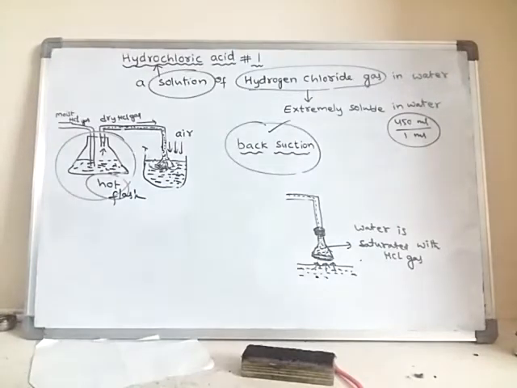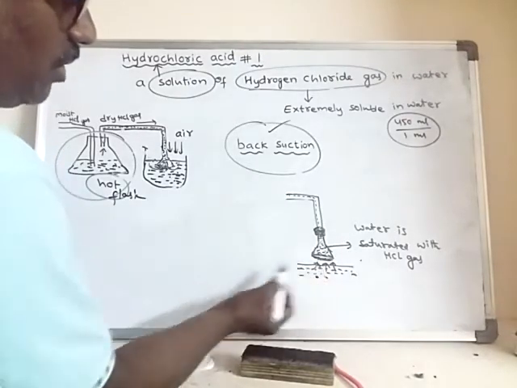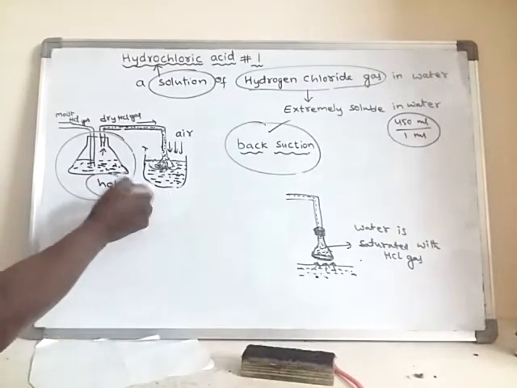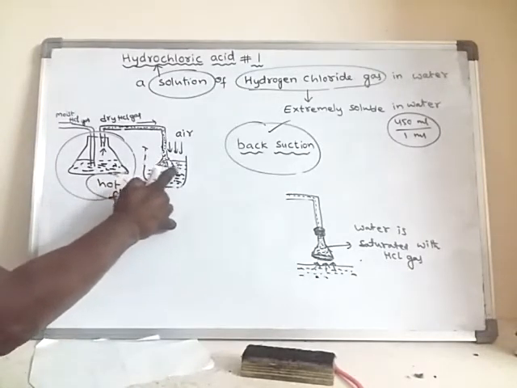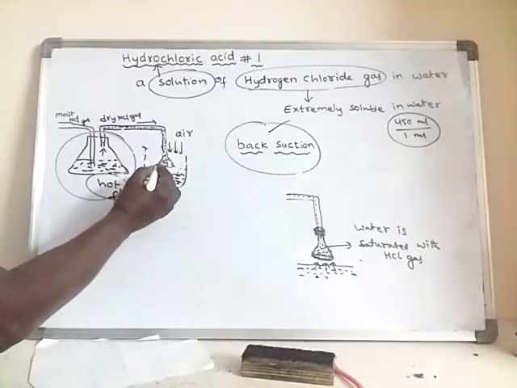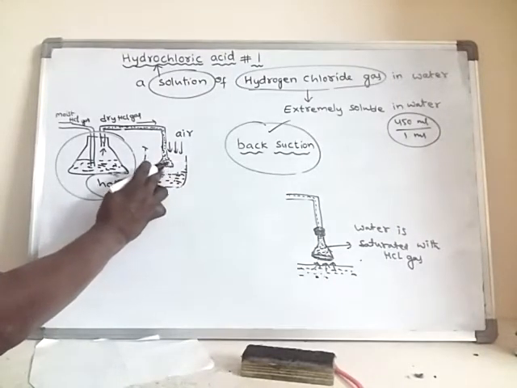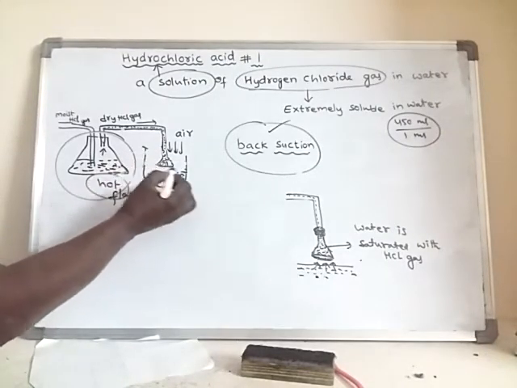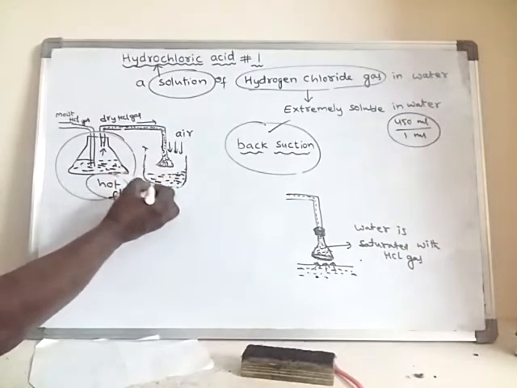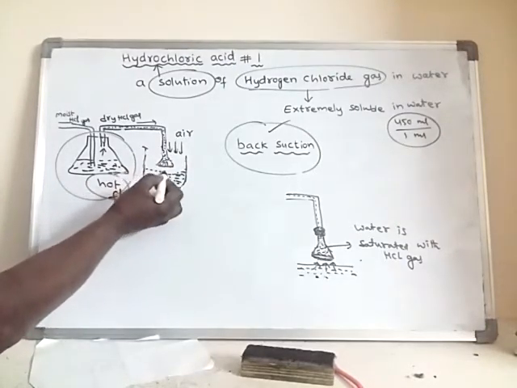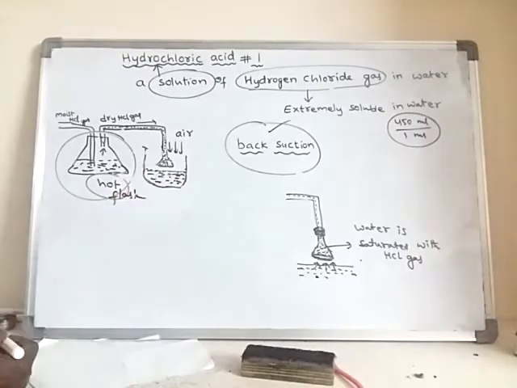The HCl gas forces the saturated solution into the water. So now this is a beaker, and here the level of water has fallen below the funnel level, and an air gap is developed.